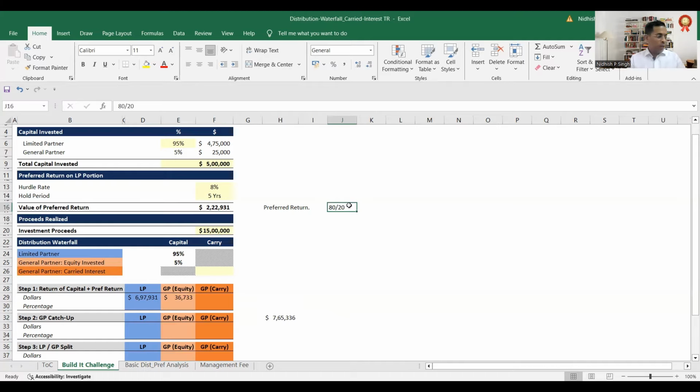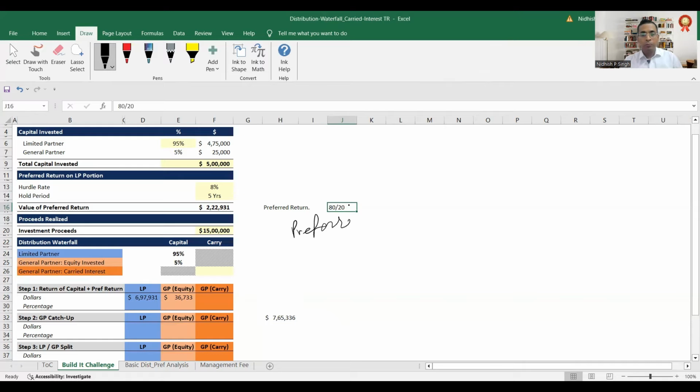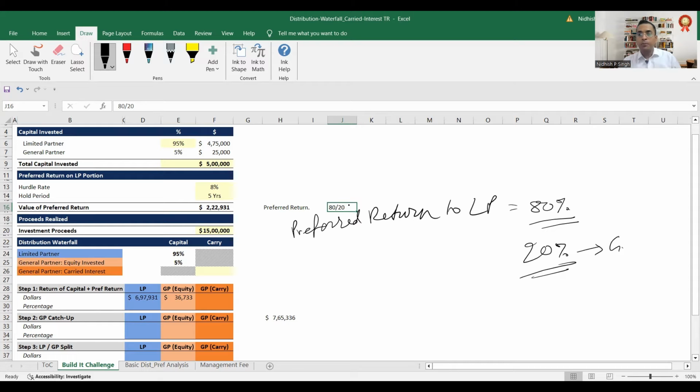So we assume here that the preferred return to LP is 80%. And then 20% of that hypothetical number will go to GP.